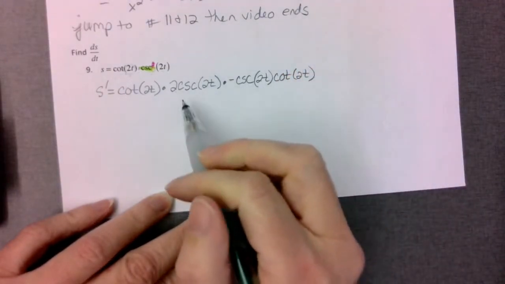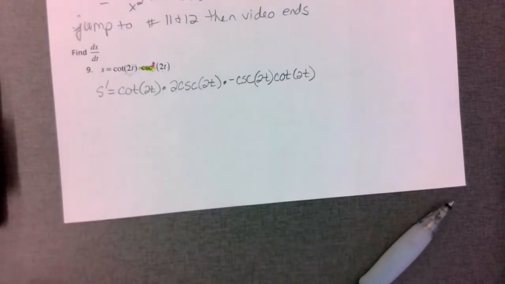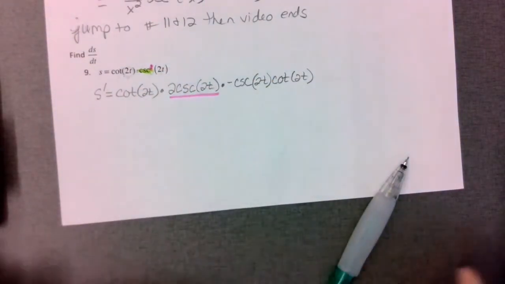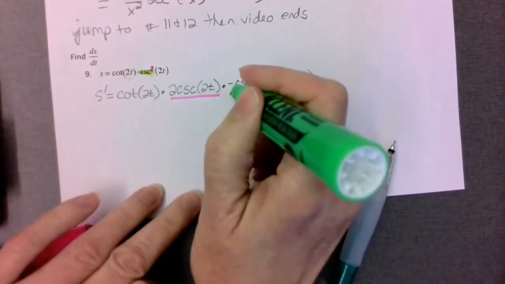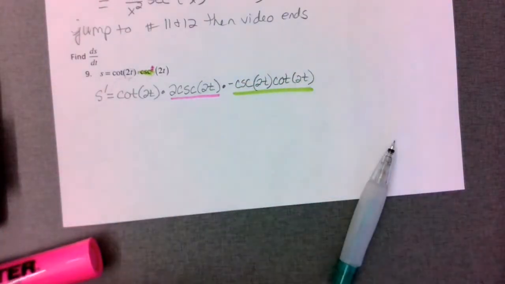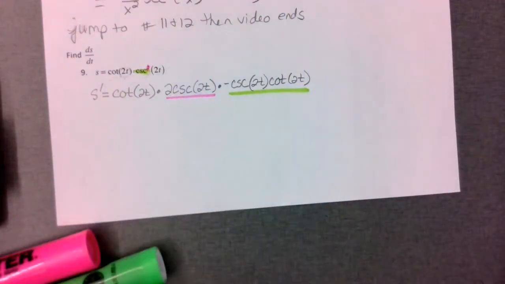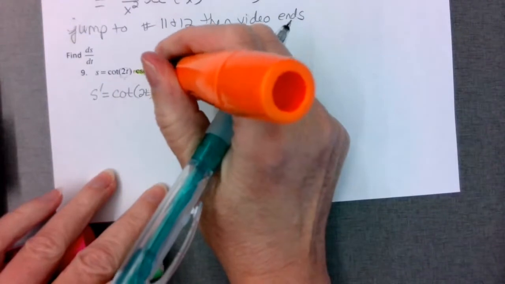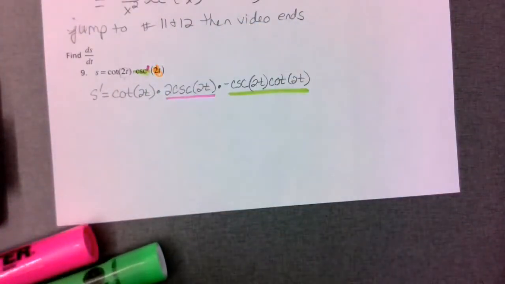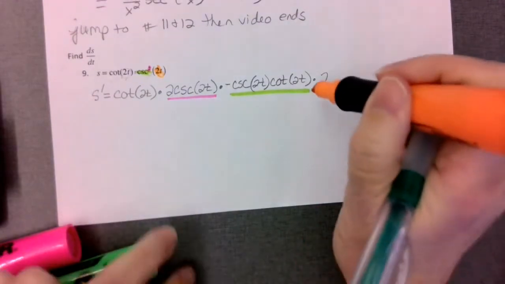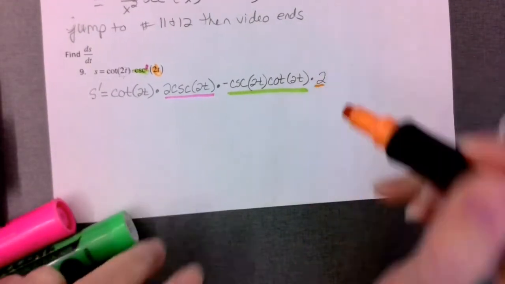So that's the middle piece. So again, this goes with the pink exponent. This is for the cosecant. And then I'm going to say times the derivative of the last piece of the composition, which is 2t. Its derivative is 2, so that follows along with this piece.